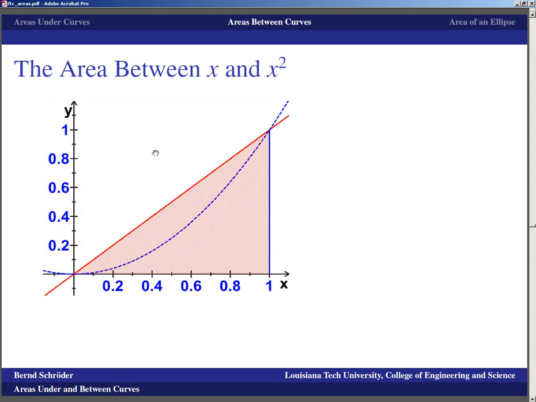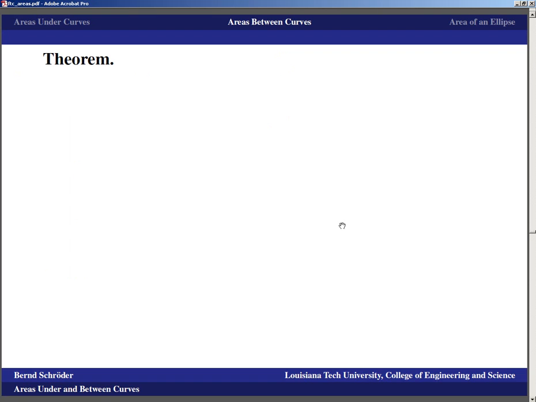So it can give us this area underneath the straight line and this area underneath the quadratic. But the area between the two is exactly the area underneath the higher function minus the area underneath the lower function. And that's exactly how we're going to set up integrals of areas between curves.